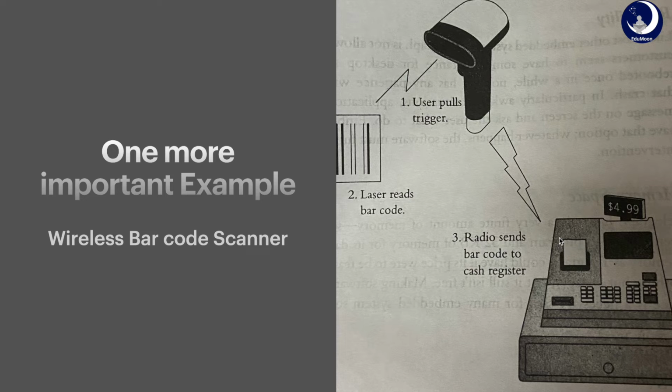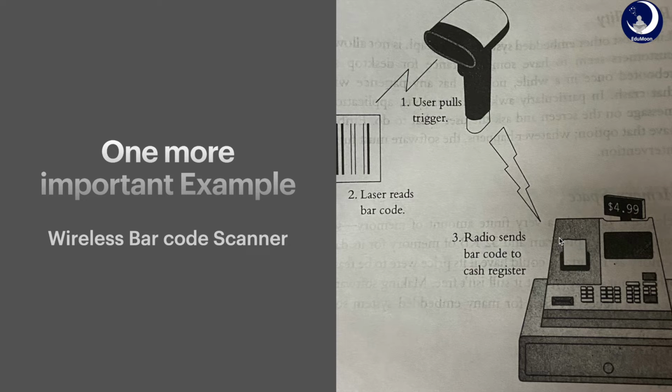I'll get back to that point. Throughput is, say your system must be able to handle a lot of data in a very short period of time. So the problem that the wireless barcode scanner does not have is the problem of throughput. It can deal with large data even in a very short period of time.